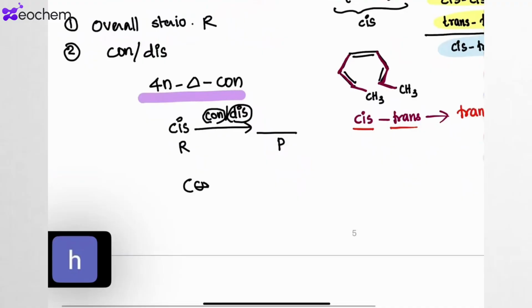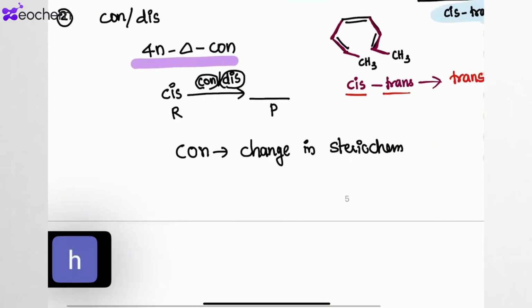Con means, first we'll take con. Con means change in stereochemistry. So this will be what? I told you whatever is happening in con will be opposite in dis. If in con change is happening, this will be no change in stereochemistry.